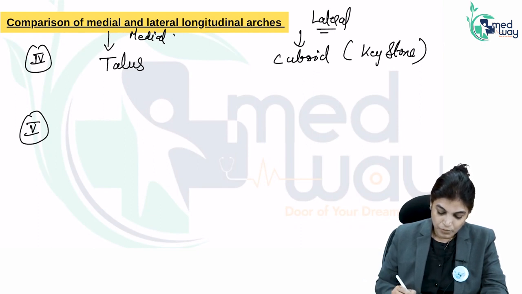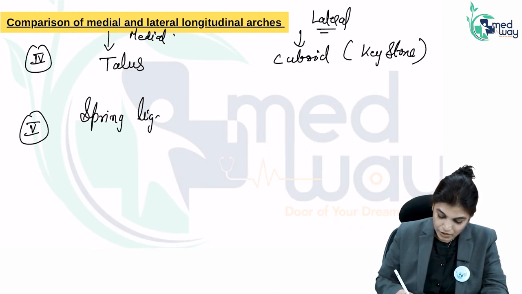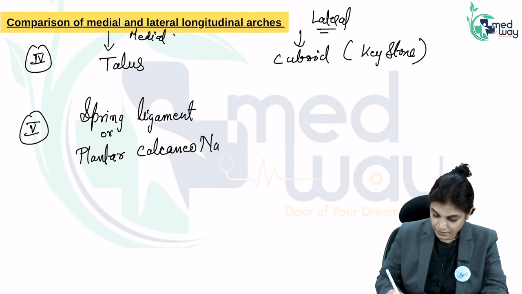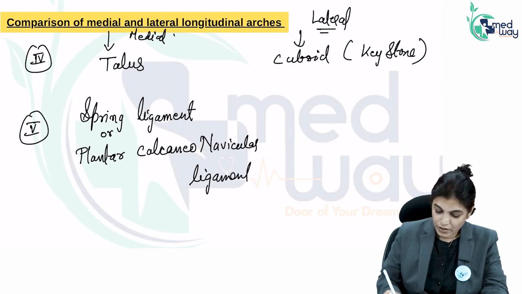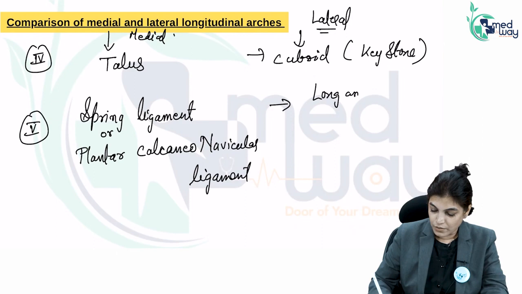This is very important for support. The most important ligament supporting the medial arch is the spring ligament, or plantar calcaneonavicular ligament, and here the most important ligaments supporting are the long and short plantar ligaments.